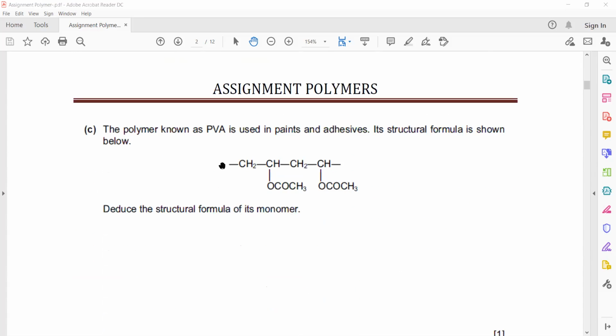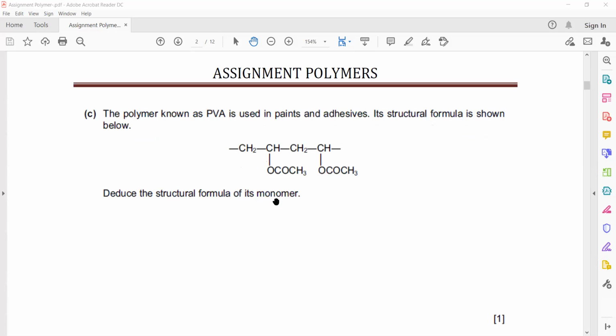Now in this question, the polymer which is known as PVA is used in paint and adhesives. Its structural formula is shown. Deduce the monomer. This is related to both addition and condensation. So how to deduce the monomer or how to work out the monomer?